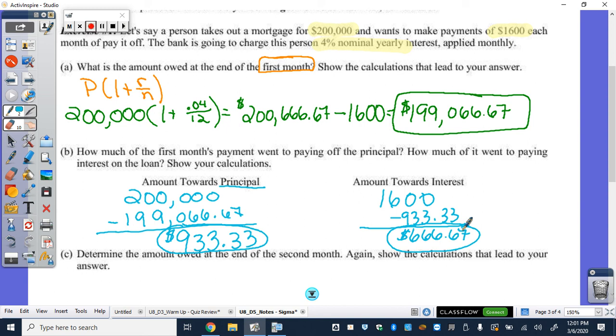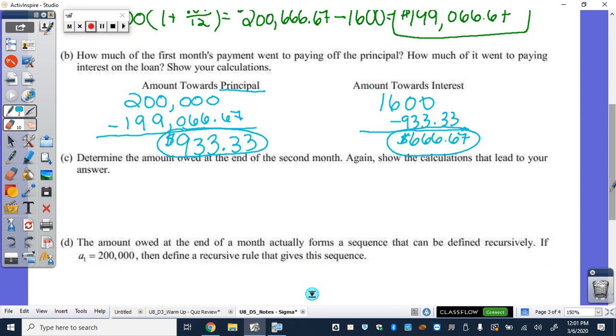So now, part C, they want us to determine the amount owed at the end of the second month. Again, show the calculations that lead to your answer. So this time we're looking at the end of the second month. So my initial value that I'm multiplying interest by is not going to be the $200,000 because I've made one payment.